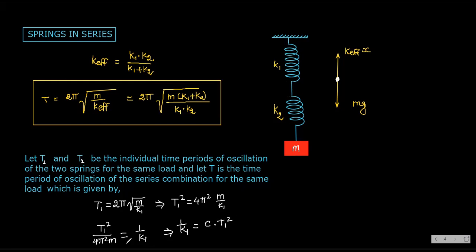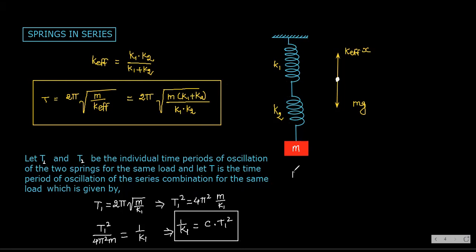Means I have assumed one constant for this 1 by 4 pi square m. And therefore, I got this value, that is 1 by K1 is equal to C into T1 square. Okay, understood.